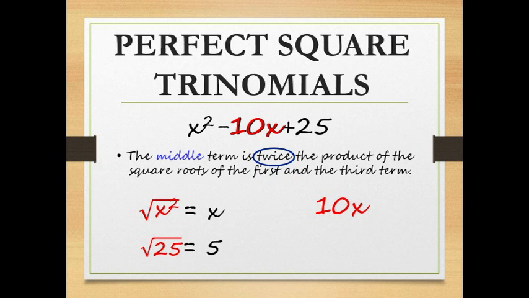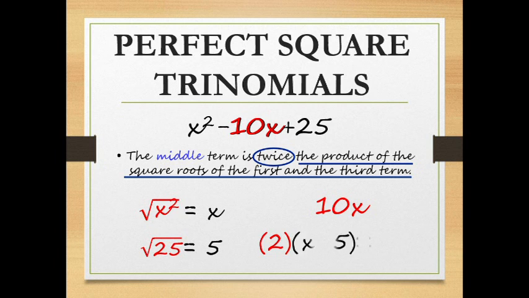Ibig sabihin, magmumultiply tayo ng 2 sa product ng square roots of the first and the third term. Ang square root ng first term natin ay x at ang square root naman ng third term natin ay 5. Ibig sabihin, pagmumultiply lang natin yan. 2 times x times 5. At dapat yung makuha nating result ay yung middle term. Ano ang sagot? Very good, 10x.